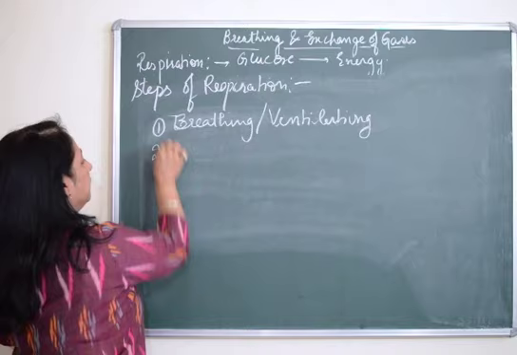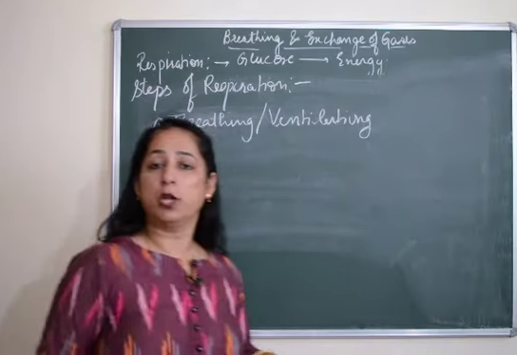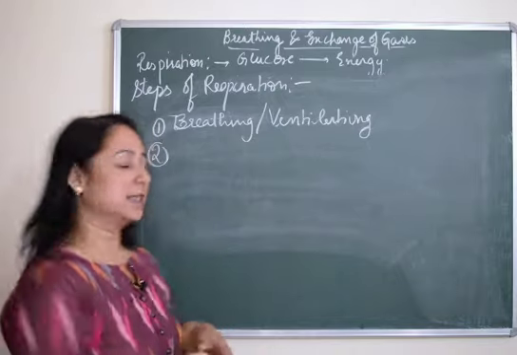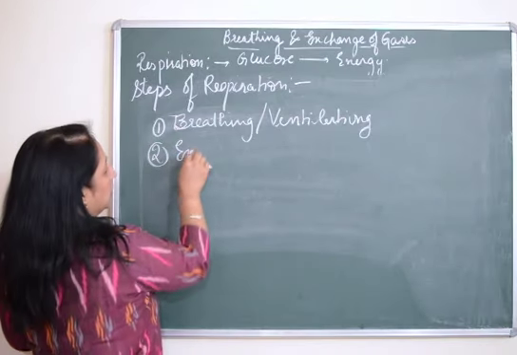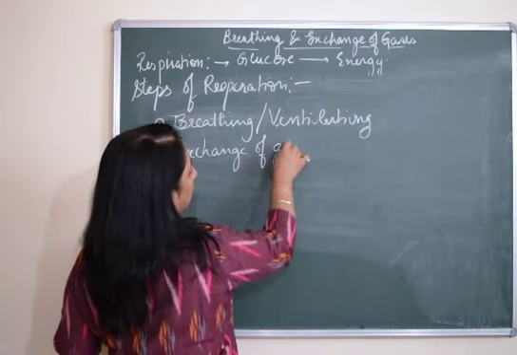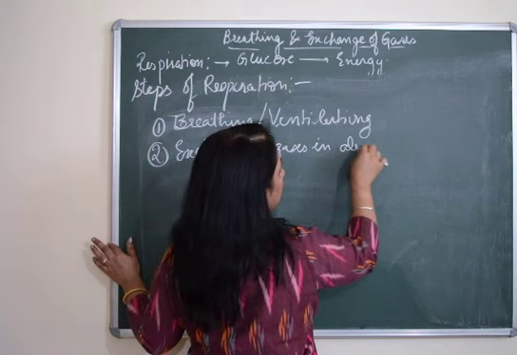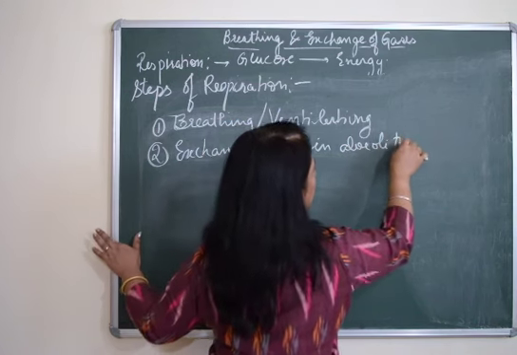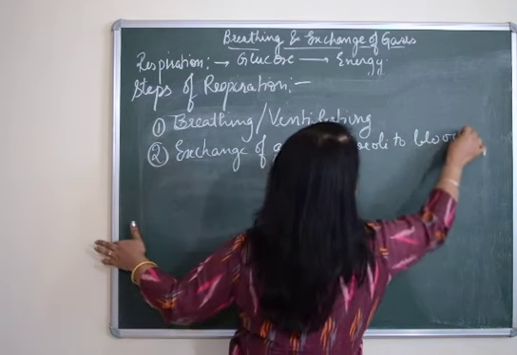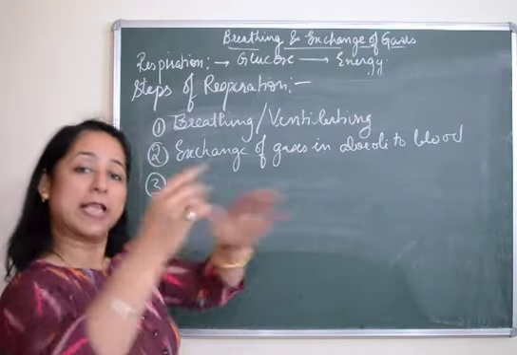Second step, after we have breathed in oxygen, is the exchange of gases, which takes place in the alveoli. So the second step is the exchange of gases from the alveoli to the blood. After that, blood takes those gases throughout the body.